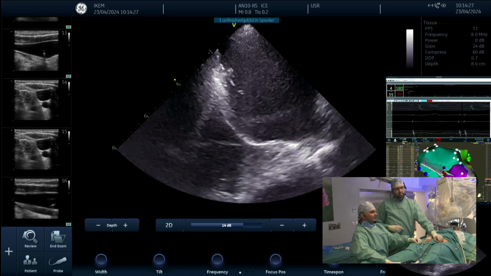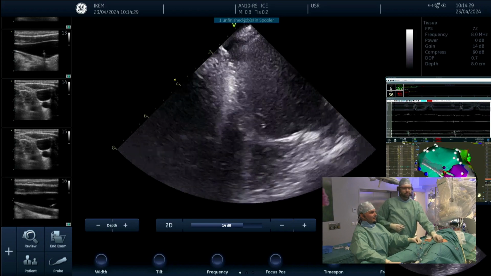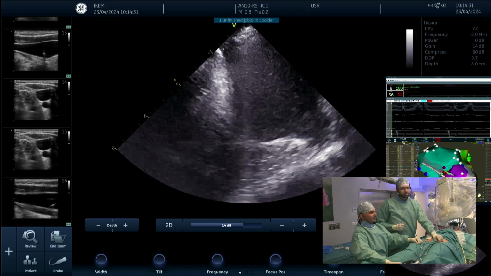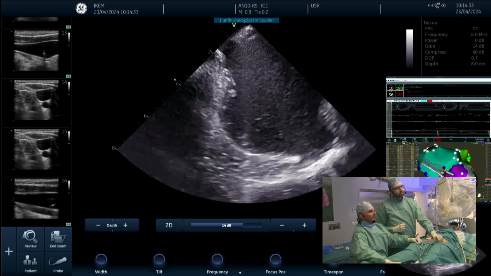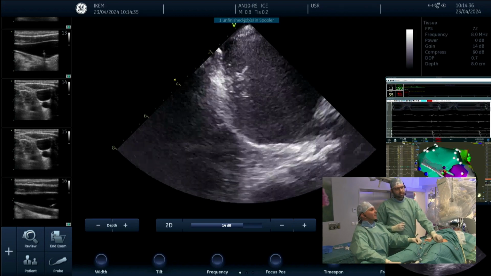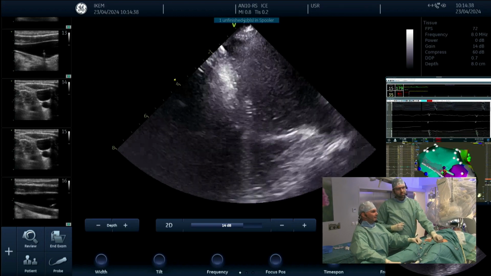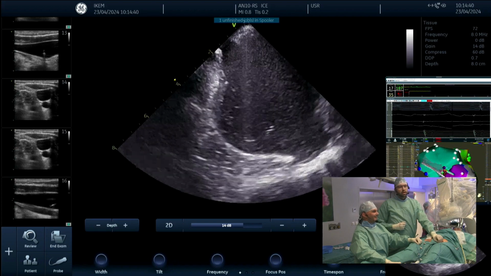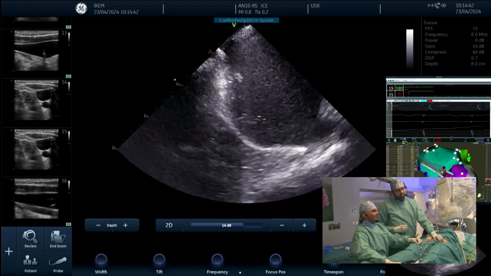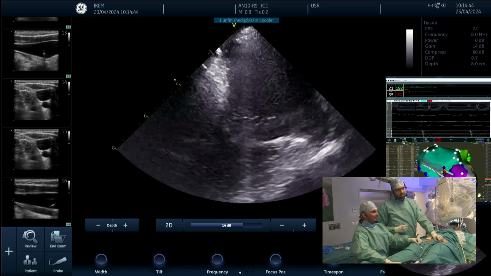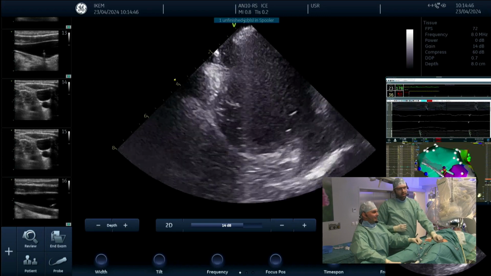But it showed us some areas which we then later used for this ablation. So every experience is nice, because you always learn something. Although it looks like it was a waste of time, you always learn something, either good or bad.